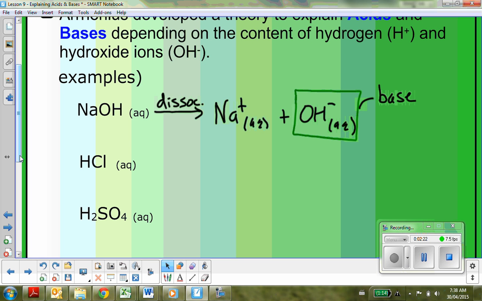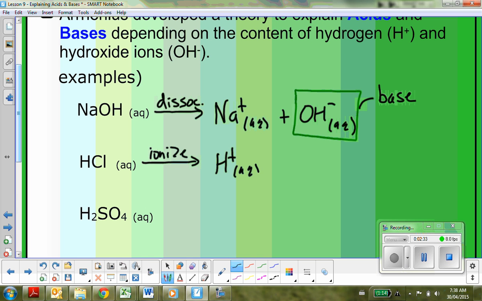And then we can say the same thing with acids as well. So if we look at hydrochloric acid, for example, remember acids ionize, which would mean it would break apart into H positive ions and chlorine ions. Again, this ends up being balanced, so we're good. And again, we would end up explaining that the reason why this is acidic is because your H ions are floating around.